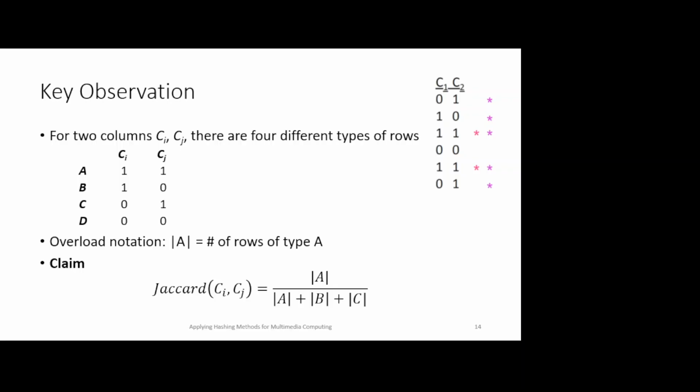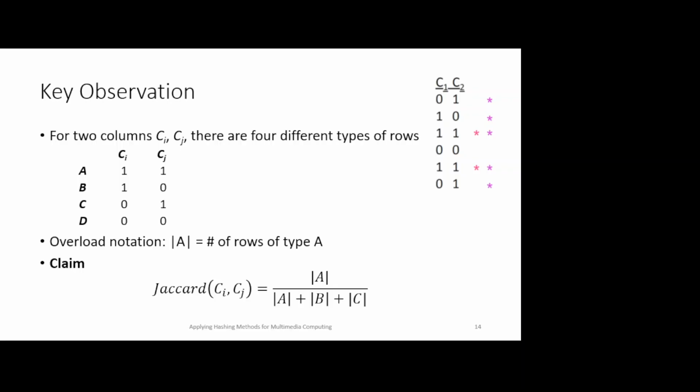The B type is 1, 0. You see, 1, 0 here, 1, 0. And the C type is 0, 1, here and also here. And the D type is 0, 0. 0, 0 is here, you see. So from the primary matrix, you can find 4 different row types, right?